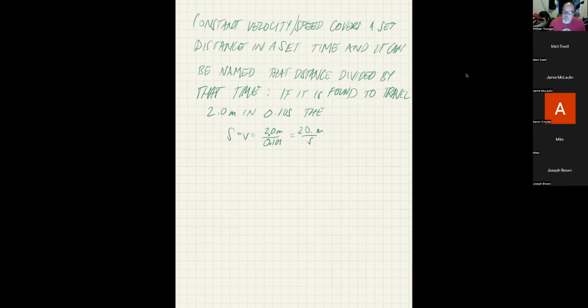So you can say 2.0 meters per 0.10 second, that's a velocity, or you could say it is 20 meters per second, and that's acceptable as well.